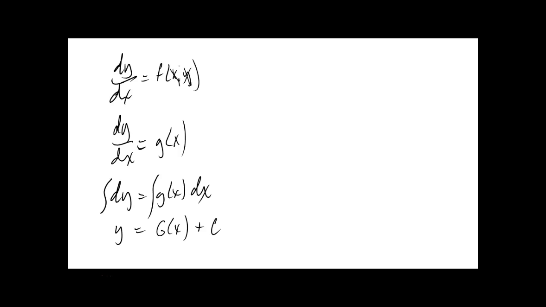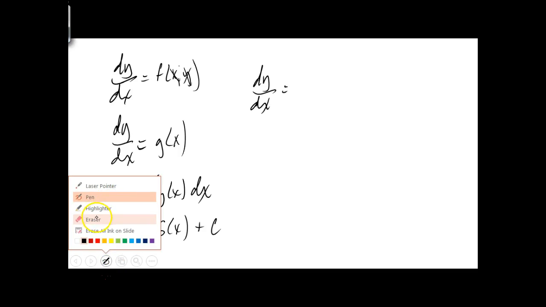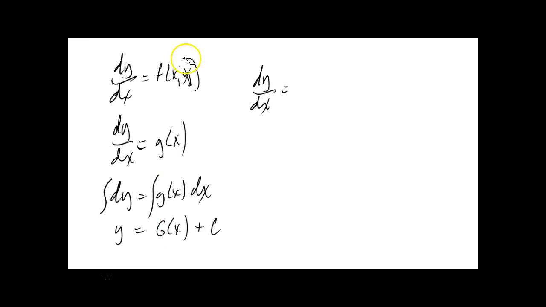A first-order differential equation of the form dy/dx, and we're going back to our first thing, that you can write, instead of this f of x y, so let's back off a little bit here. We're going back to this form here.